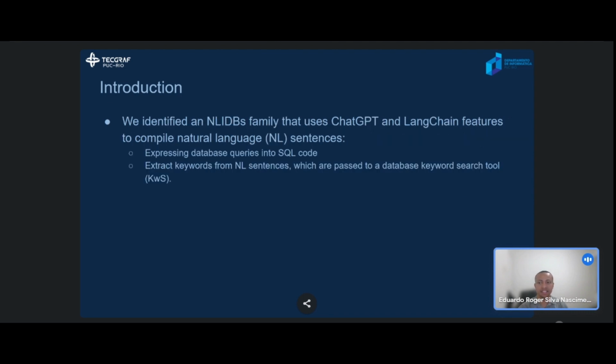We identified an NLIDBs family that uses ChatGPT and LangChain features to compile natural language, NL, sentences expressing database queries into SQL code, and extract keywords from NL sentences, which are passed to a database keyword search tool, KWS.